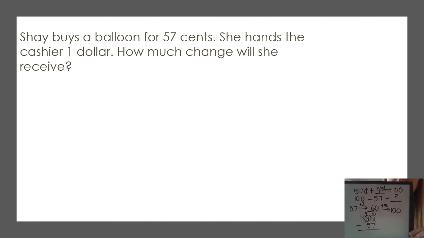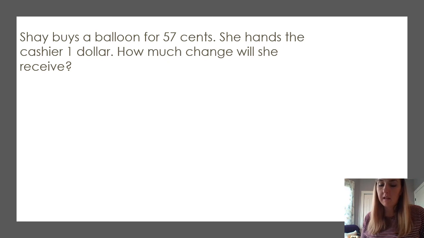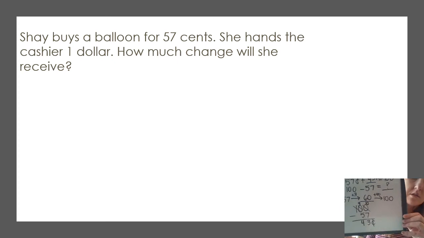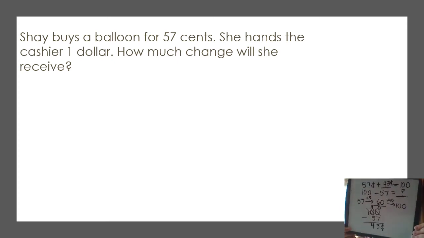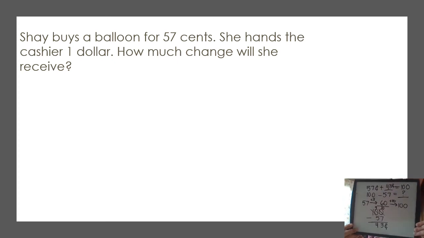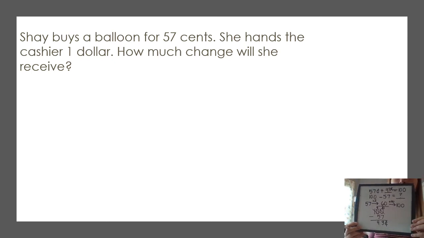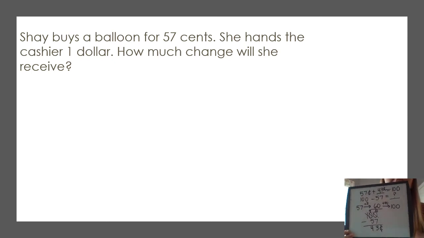So now I have 9 tens minus 5, and then 10 ones minus 7. 10 minus 7 equals 3. 9 minus 5 equals 4. So I have 43 cents left. Those are 2 different ways that you could solve this problem. Shay will receive 43 cents.